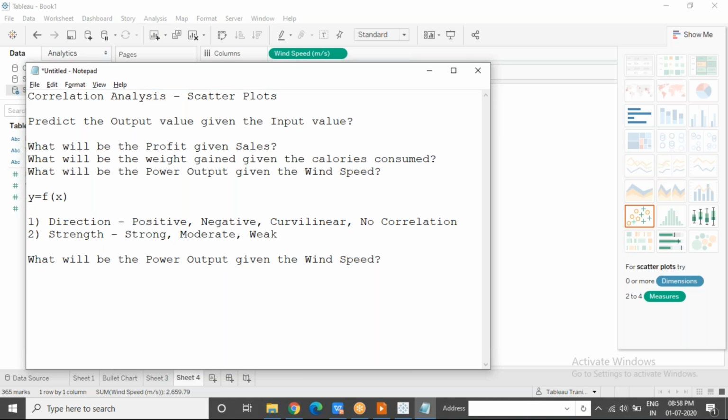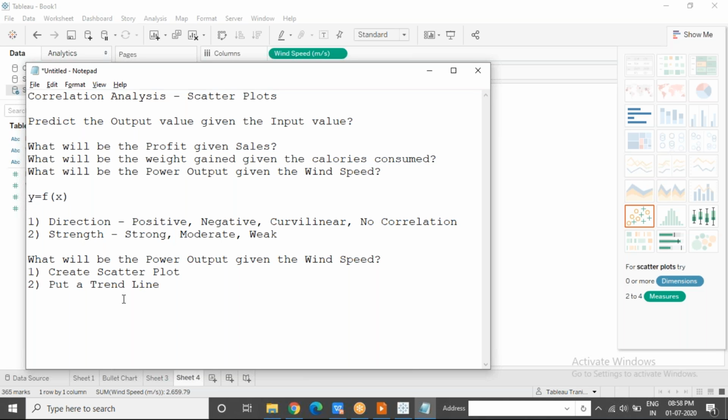So we had to determine what will be the power output given wind speed. We created a scatter plot. What did we do? Put a trend line. So on this trend line, what do we get? We get the equation. Ultimately, we are trying to represent our output y as a function of our input x.